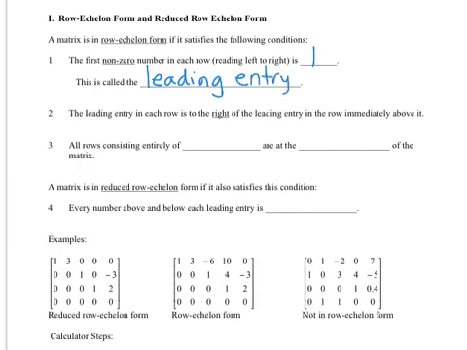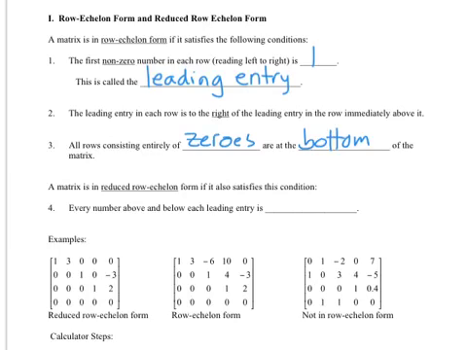The leading entry in each row after the first one is to the right of the leading entry in the row immediately above it. And then all rows consisting entirely of zeros are at the bottom. So that's what we call row echelon form. So zeros, they're at the bottom of the matrix.